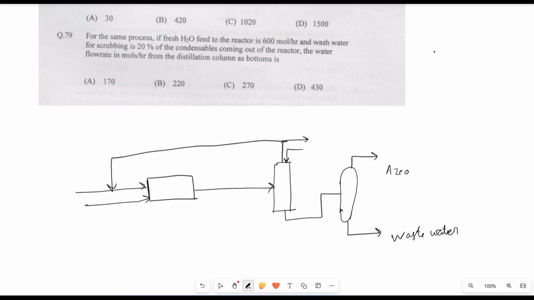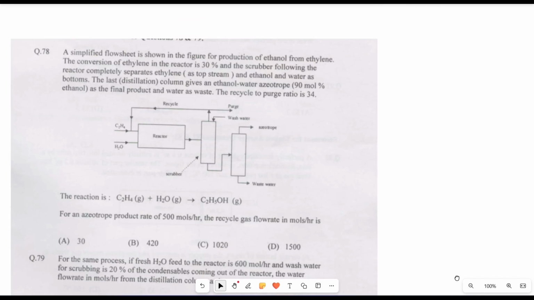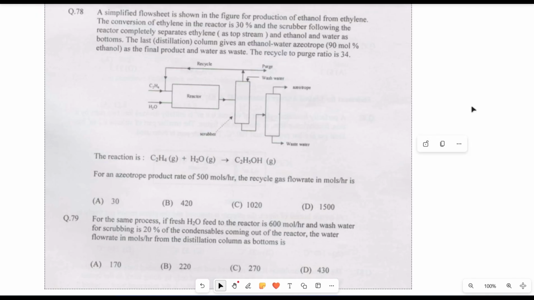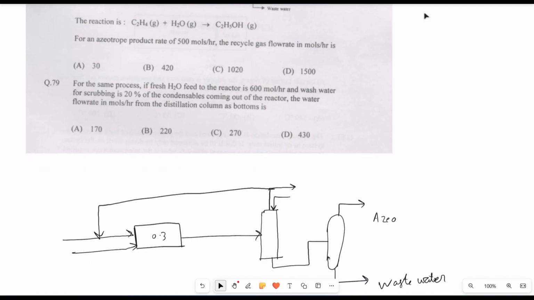Now, in the reactor, it is said the conversion is 30%. So here the conversion is 30%, and the scrubber separates ethylene as pure ethylene. This is pure.